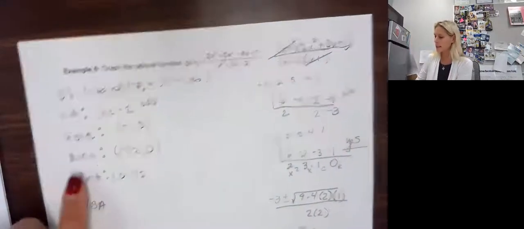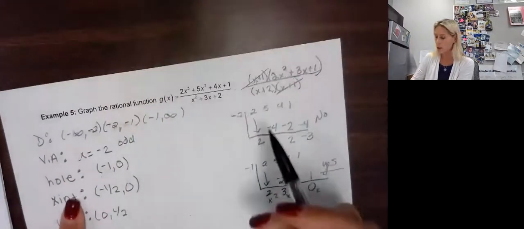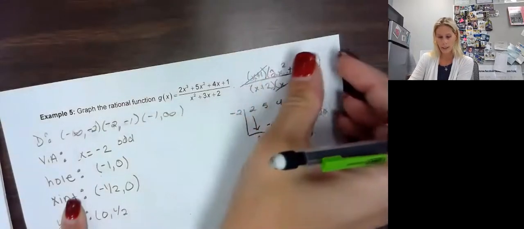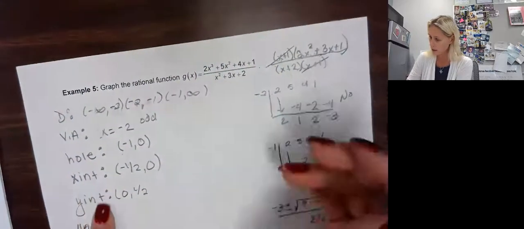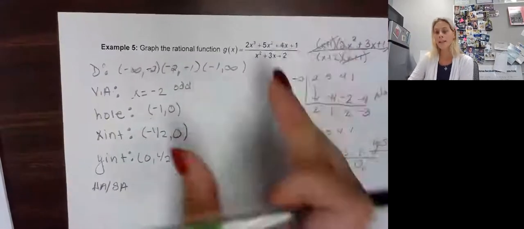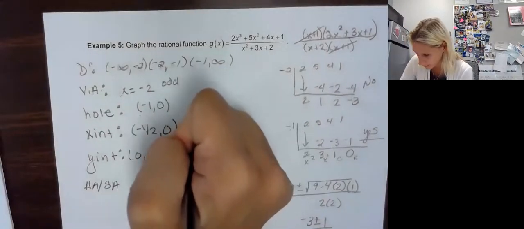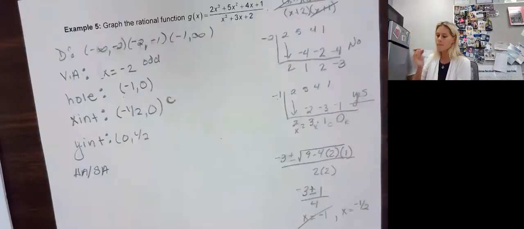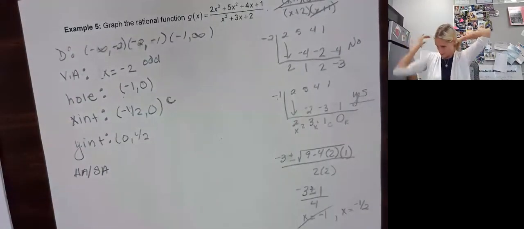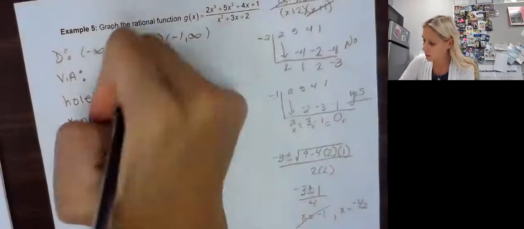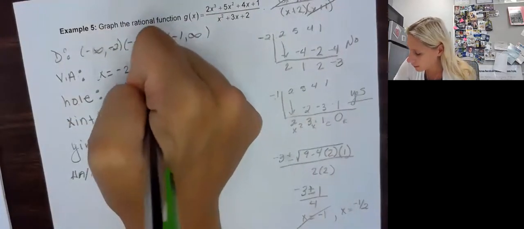And the x-intercept is to the first because we would have a binomial and a different binomial. So that would be odd, so it crosses.